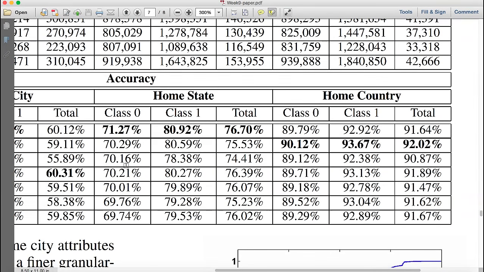Of course, the percentage for city will always be less than state, which will always be less than country, because it's easier to get that I'm from India, more difficult to get that I'm from Tamil Nadu as a state, and even more difficult to get that I'm from Chennai.